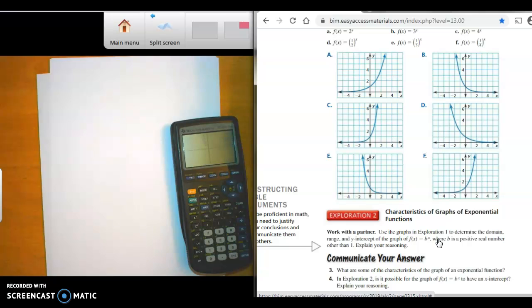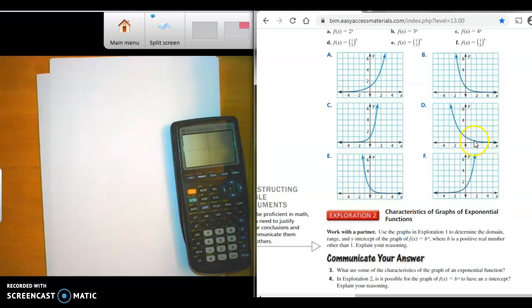The graph has no holes or stopping points. It keeps going, but it doesn't go down to negative y. It barely touches y equals 0.